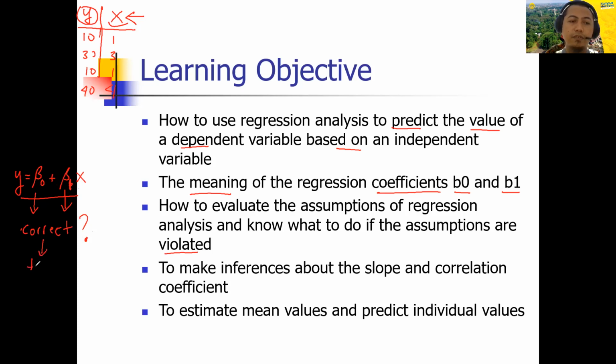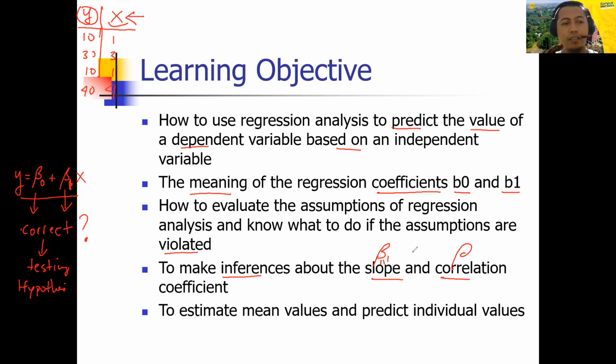By testing, using hypothesis testing, to make inference about the slope and correlation coefficients. Slope in this case is another name for beta 1, and the correlation coefficient is actually rho.